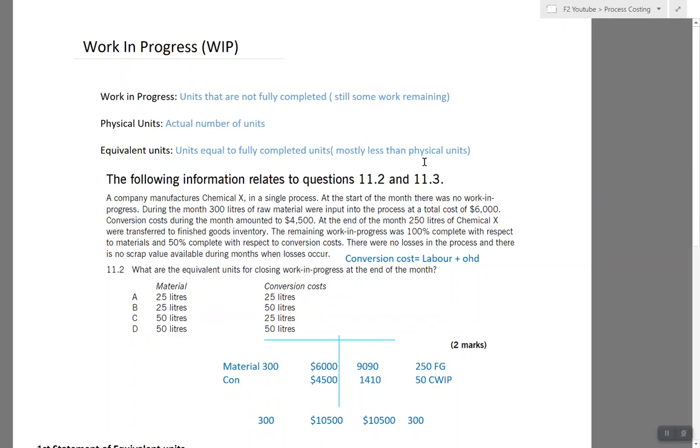To explain this, let's say we have bottles. There are 8 bottles, so physical bottles are 8. And then equivalent units are units equal to fully complete units.